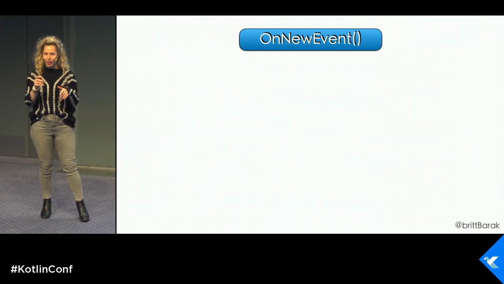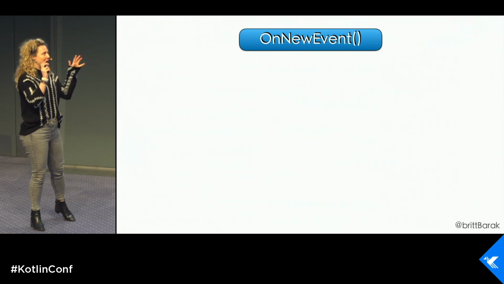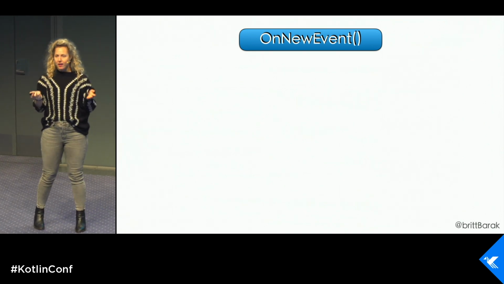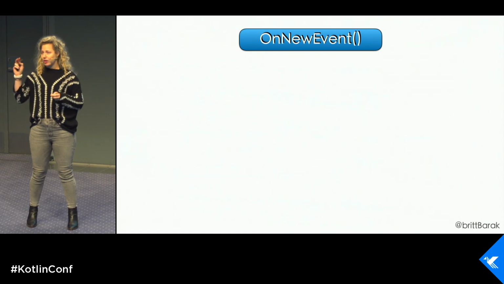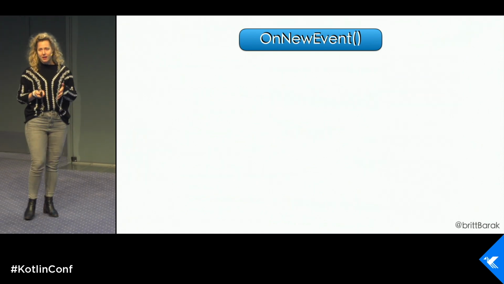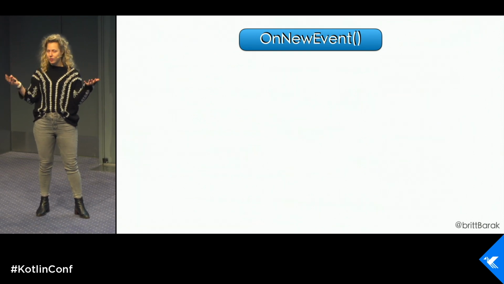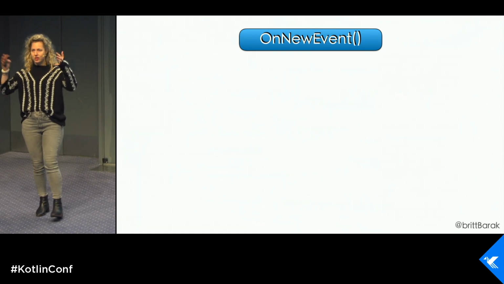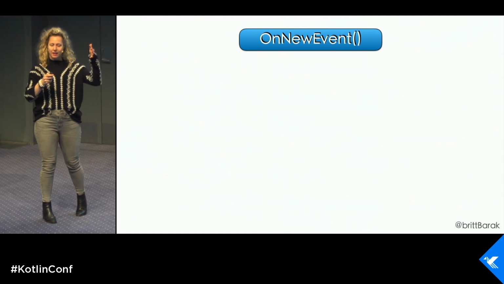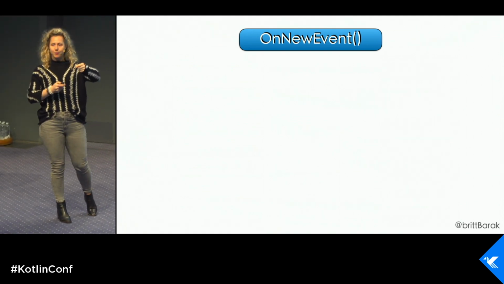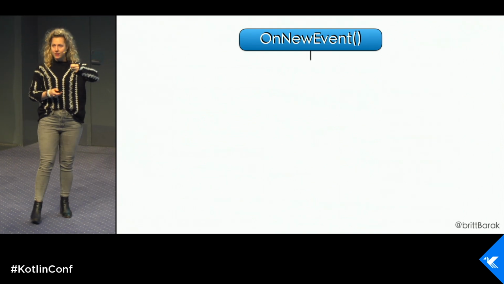In a very high level, we'll have somewhere an on-new-event callback, for example, that whenever we get a new event, so whenever someone sends any new event, a phone call, a message, an item added to the list, anything like that, we'll get the event.